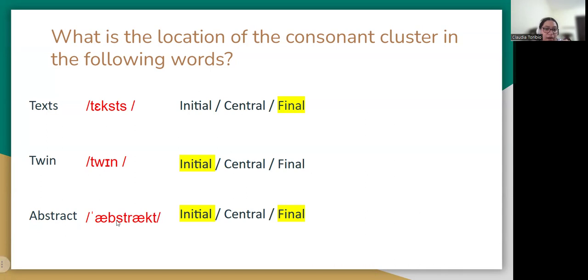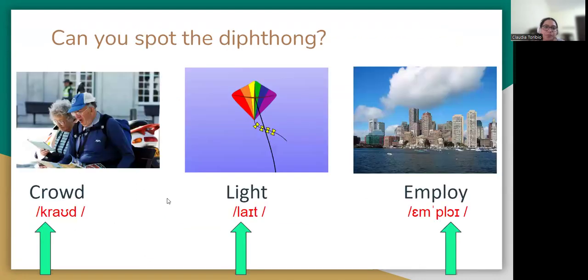Then in the end, tract. We also have the k and t sounds. So we have more than one cluster. We can have more than one cluster in one word, especially, the longer the word gets, the higher the probability that we're going to find one.